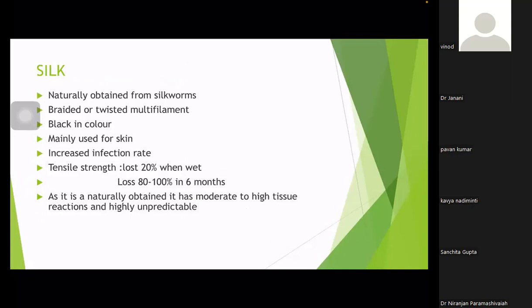It has an increased chance of infection because it is naturally obtained and undergoes enzymatic proteolysis, which causes more damage to the tissues. Tensile strength: when wet it is about 20%, and it loses 80 to 100% of its tensile strength in 6 months.